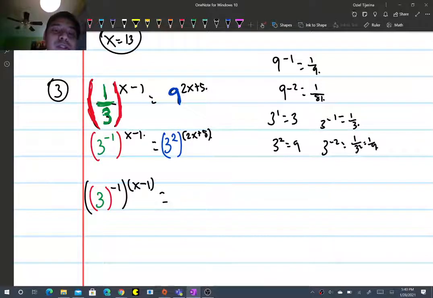I'm going to do the same thing here, except I'm going to put my 3 squared, I'm going to put a 3, and then squared, but I'm also going to put some other parentheses and say to the 2x plus 5, excuse me.